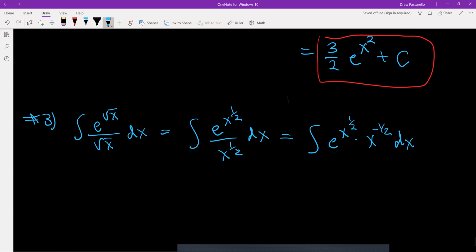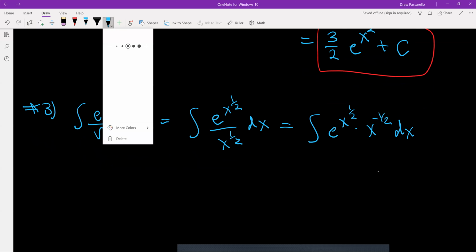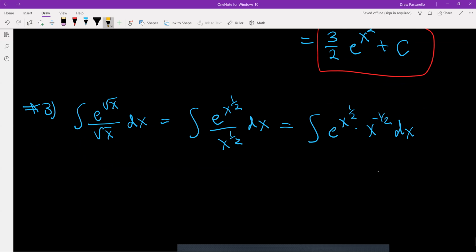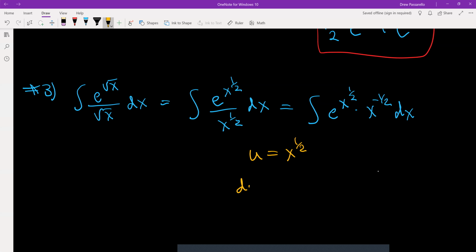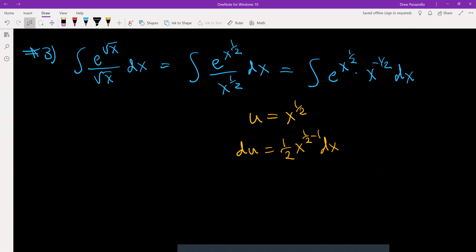That way, when I substitute for u, because u is going to be the exponent portion for the exponential, u is x to the 1/2. So du, let's use the power rule for derivatives, so it's going to be 1/2 x to the 1/2 minus 1, and dx, so that's 1/2 x to the negative 1/2 dx.